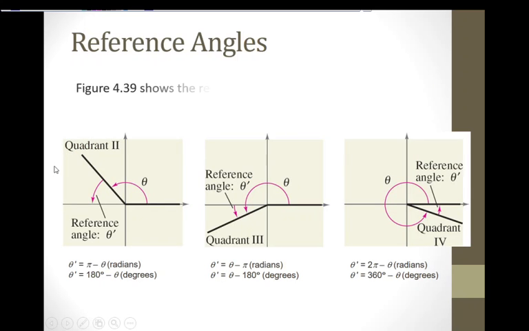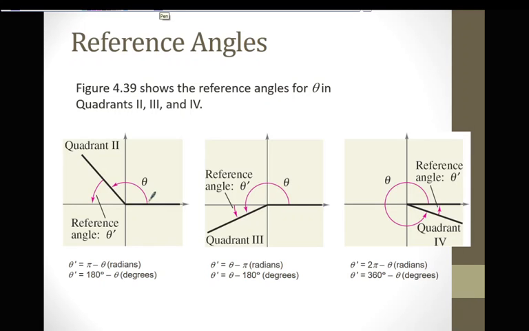Okay, these are our reference angles in each quadrant. We don't have to do quadrant 1 because the reference angle is the angle itself, because all the angles in the first quadrant are less than 90 already. But if we're looking at quadrant 2, if this is our actual angle, and let's say this is 120 degrees here, that means our reference angle is this angle over here.